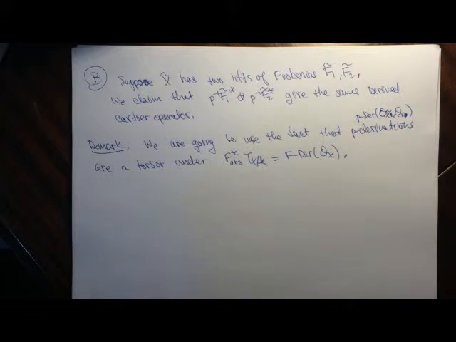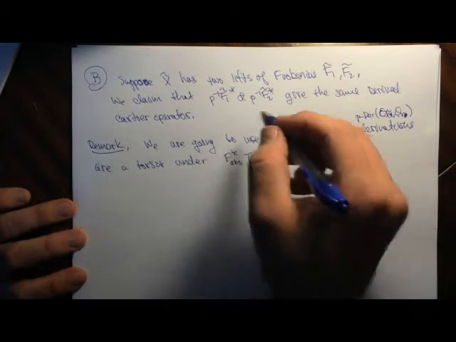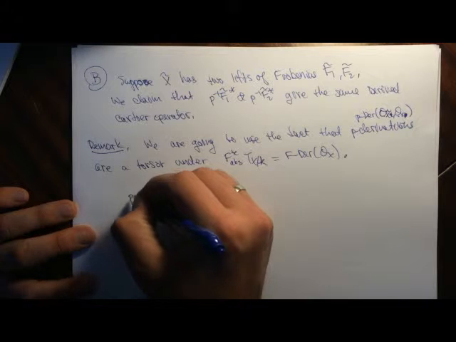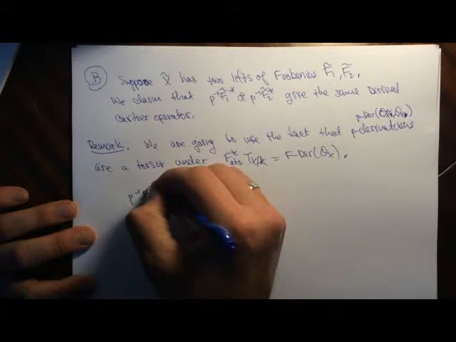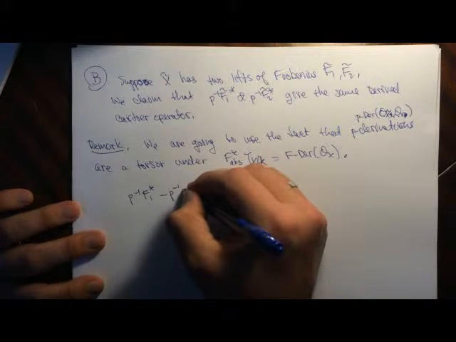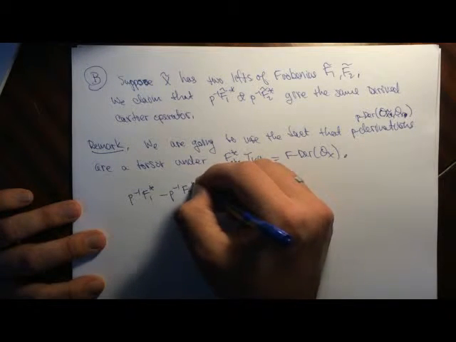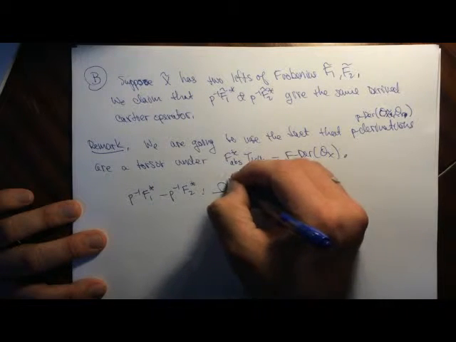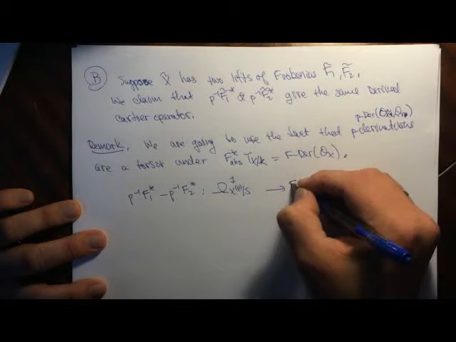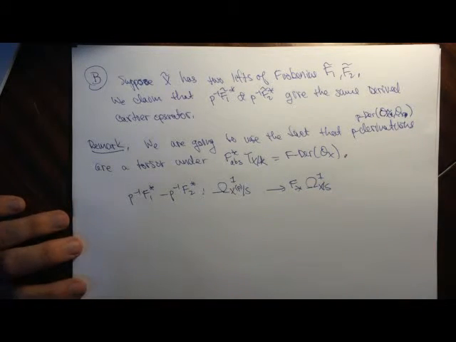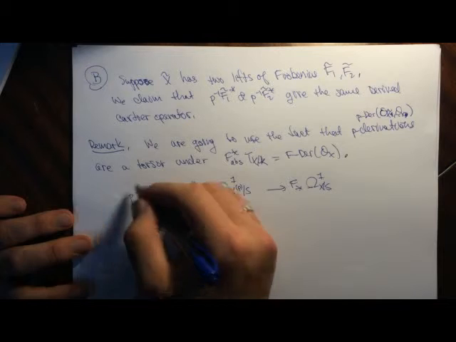Okay, so now what we can do is, we wanted to show that these give the same derived Cartier operator, so let's take the two guys and we'll subtract them. And this defines a map here. Okay, and so we want to describe this.